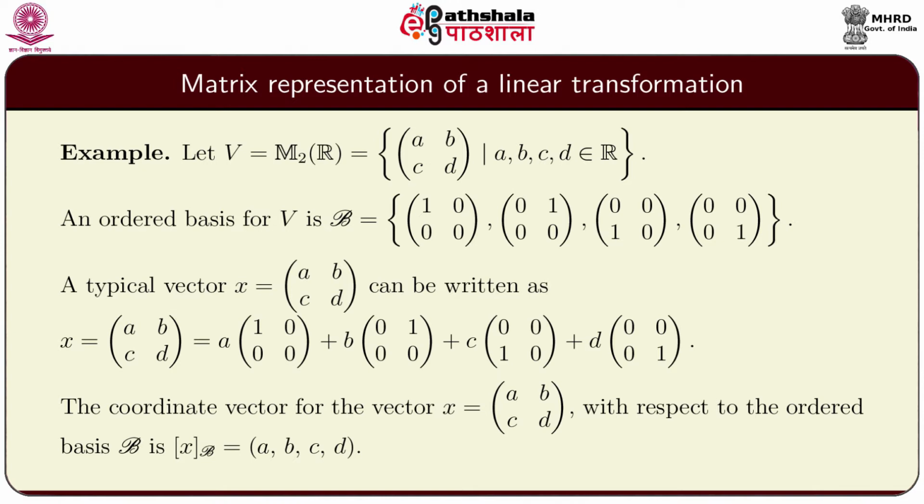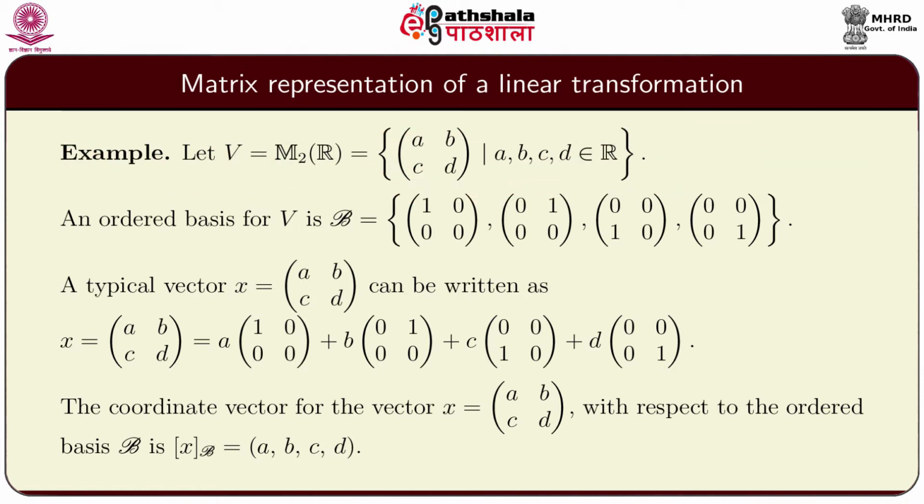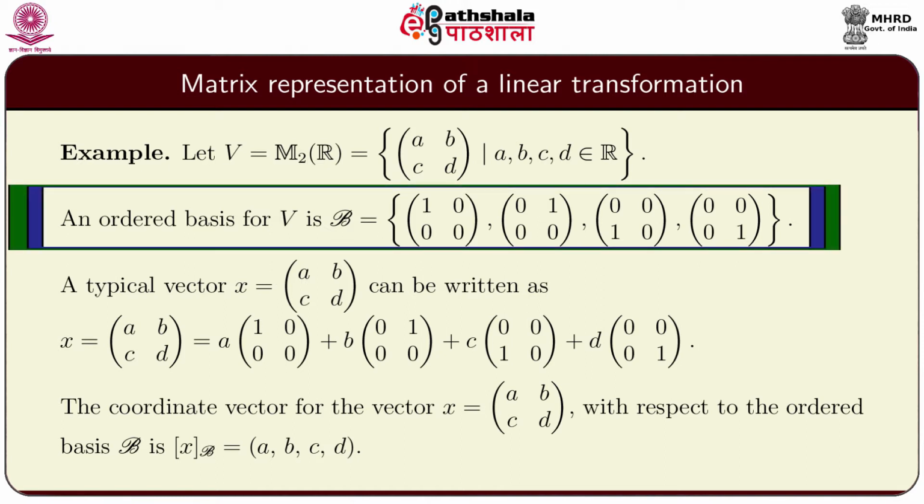Let us look at one more example. Let V denote M2(R), that is the collection of all 2 cross 2 matrices with real entries. Then an ordered basis for V is given by the set B, where these are the matrix units.